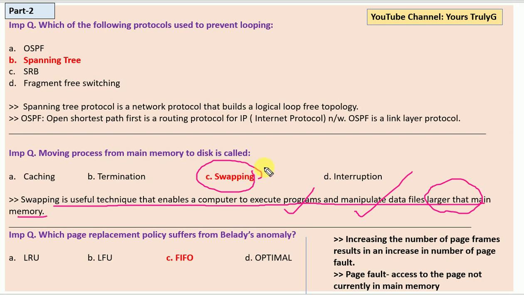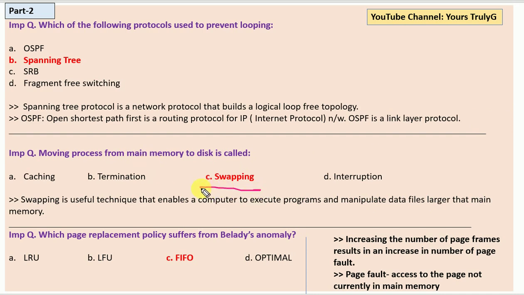Swapping is moving your processes from the main memory to the disk, so that there will be some free space, and with that free space we can execute a large number of programs, in fact larger than the available space in our main memory. So swapping is used for memory management, a very important term in operating systems.